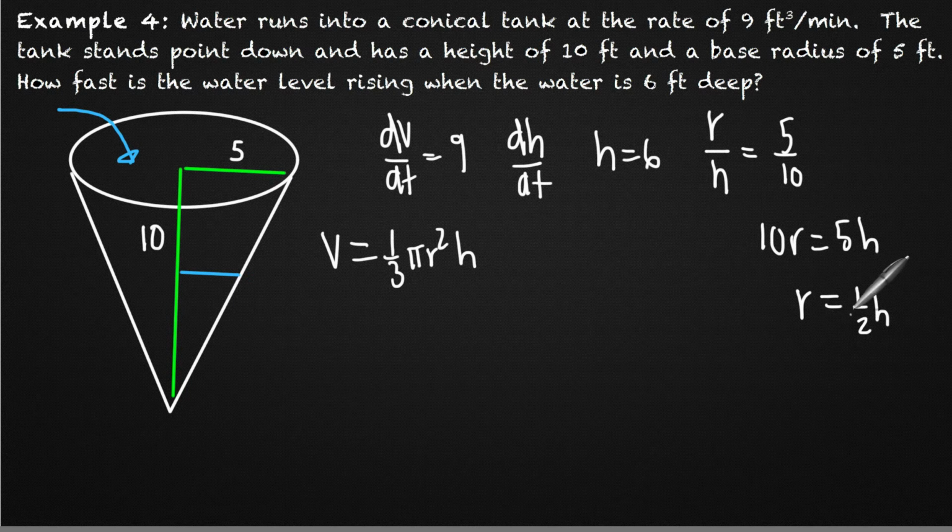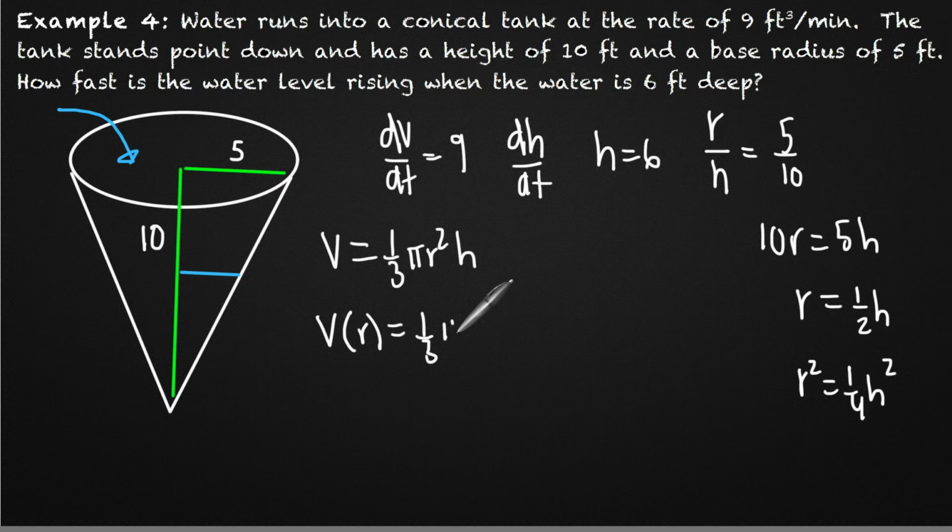But we can actually get rid of our r. r squared is going to be 1/4 h squared. So we can now say volume is 1/3 pi, and we replace r squared with 1/4 h squared, times h. When we clean that all up, that's pi h cubed over 12.